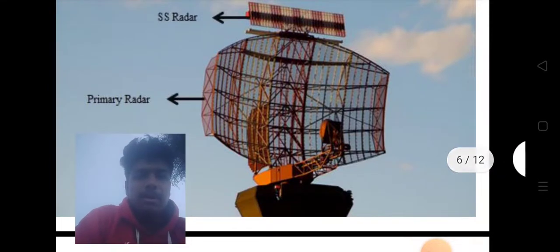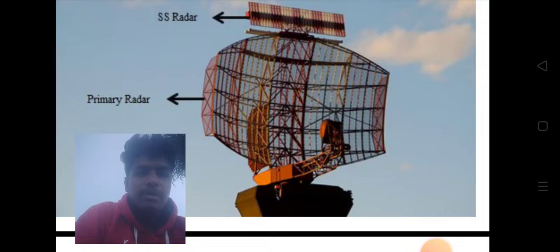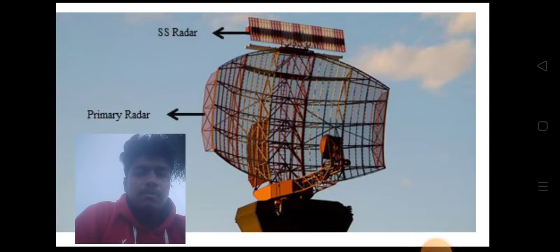We can see that the lower horizontal netted metal is the primary radar, and the upper side is the secondary radar, which is small in size compared to the primary radar.